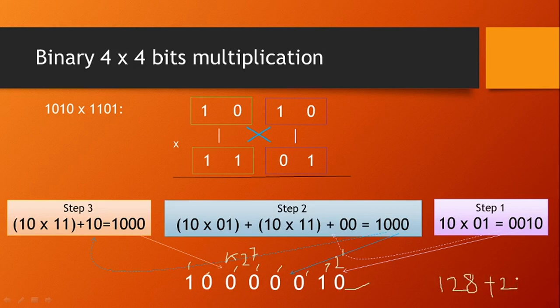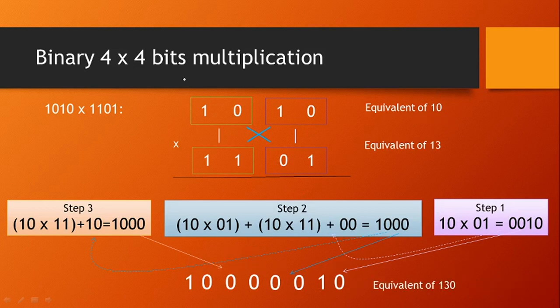So 128 plus 2 is 130. So its equivalent decimal number is 130. So it is the binary of 130. Here 1010 is the equivalent of 10, 1101 is the equivalent of 13. So 10 into 13, we get the equivalent of 130.